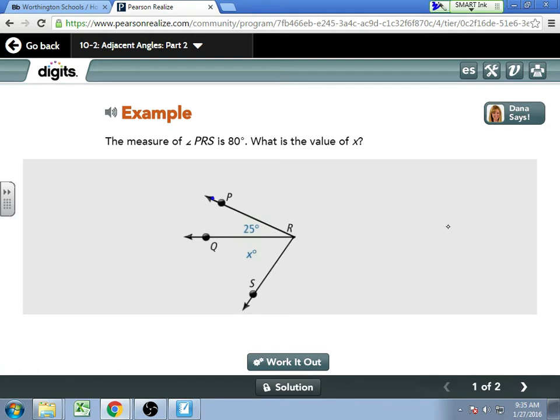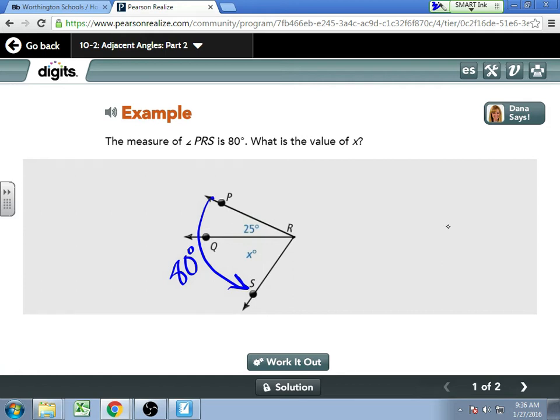Well, Perry just told us that the whole angle here is 80 degrees. So how do I figure out what x is? Brennan, what do you think? You subtract 25 from 80. Yeah, make sure we say it in the right order.